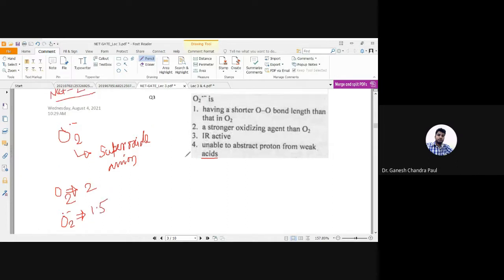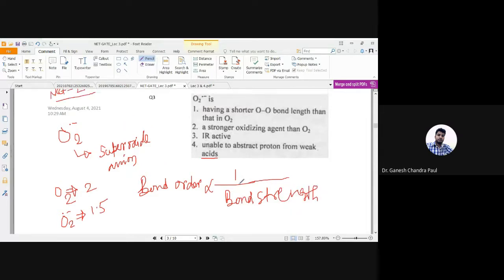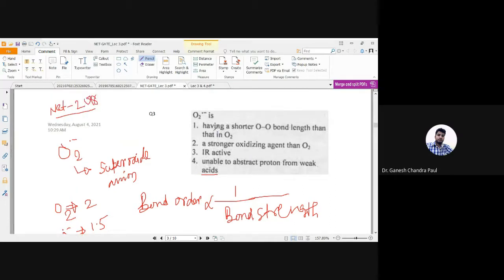Now if you look at option 1, that is having the shorter bond length. Remember, bond order is directly related to bond strength, and inversely to bond length.